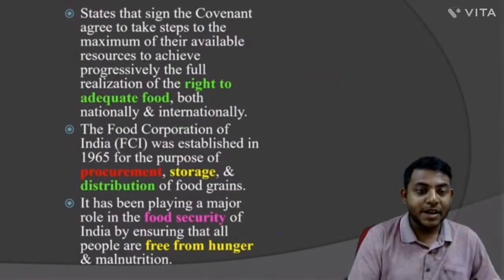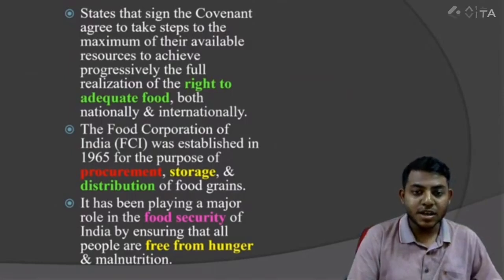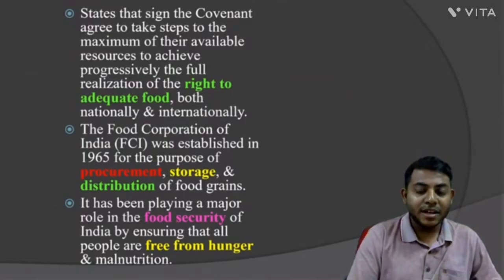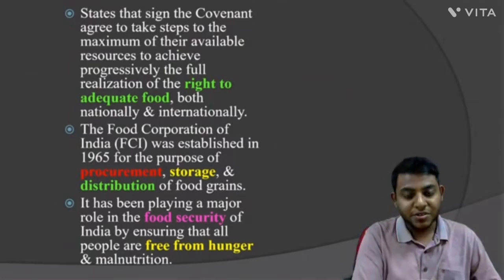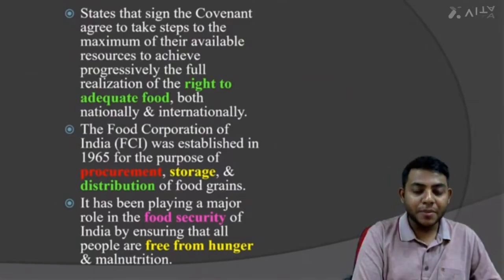There were widespread famine-like conditions in many parts of India because, of course, partition and the 200 years of British colonial rule had wreaked havoc across the country. The condition of the peasants was extremely dire. It was not at all good.